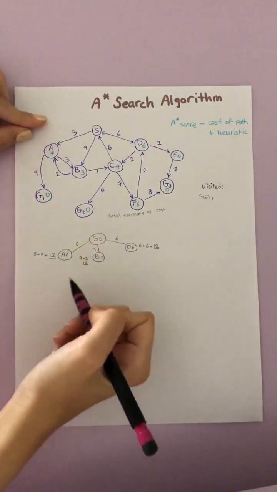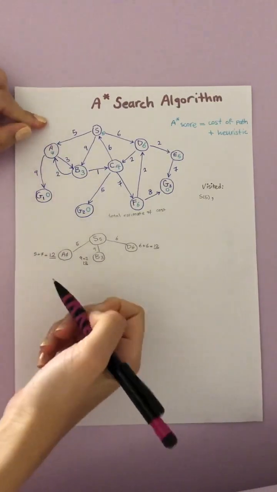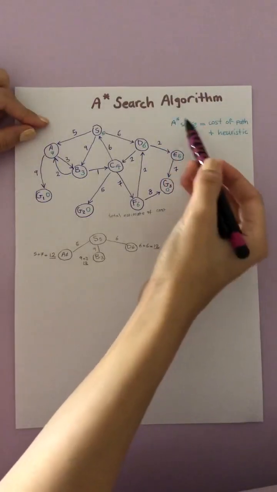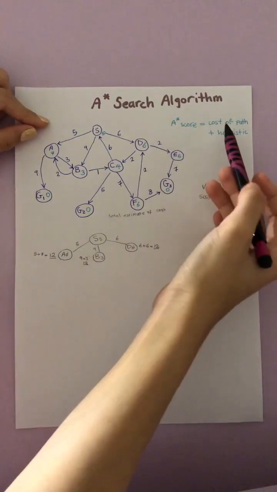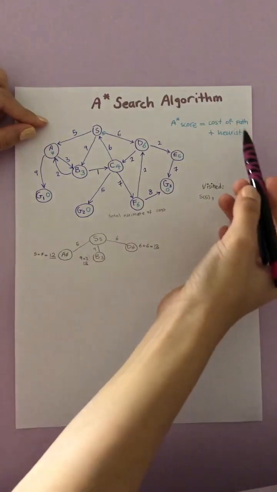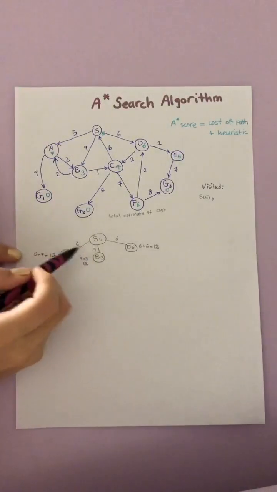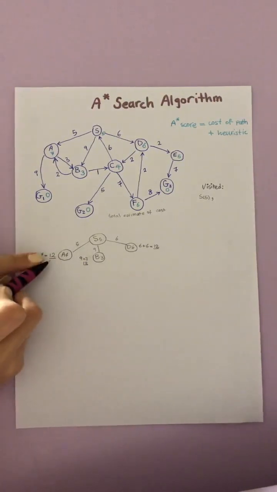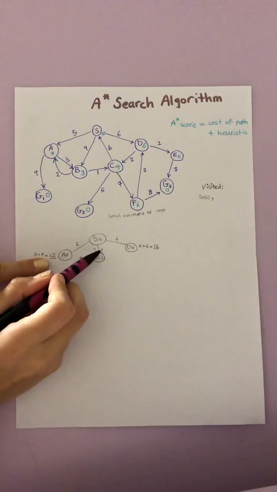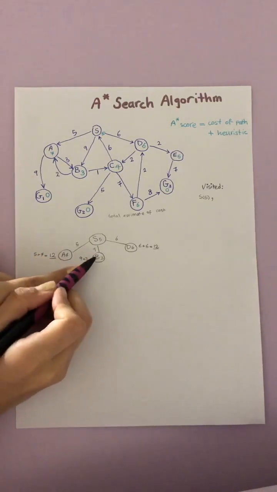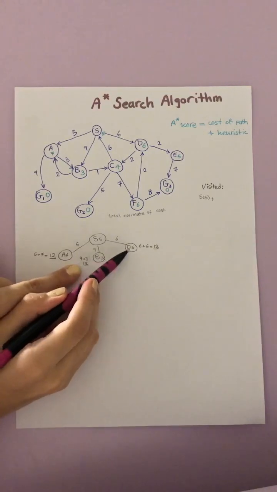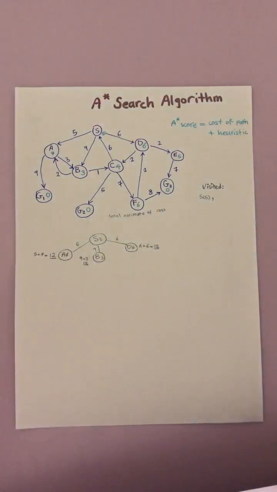If we want to write the total estimate of the costs for the A-star score, it'll be the cost of the path and the heuristic. So for this node, it'll be 5 plus 7, which will be 12. And then for the B, it will be 9 plus 3, 12. And for the D, 6 plus 6, 12 as well.